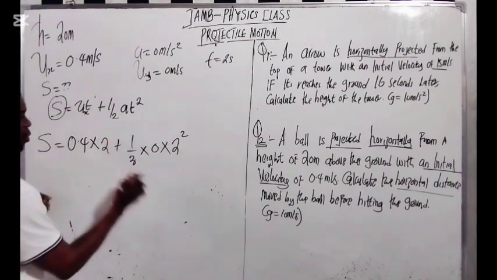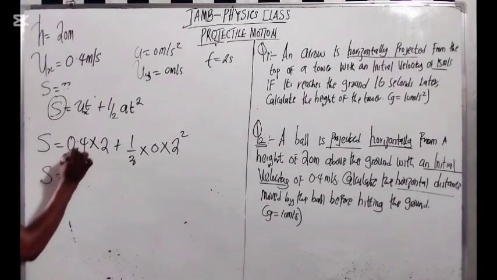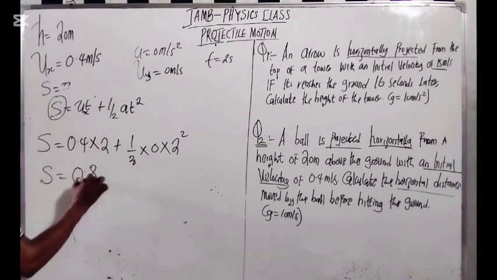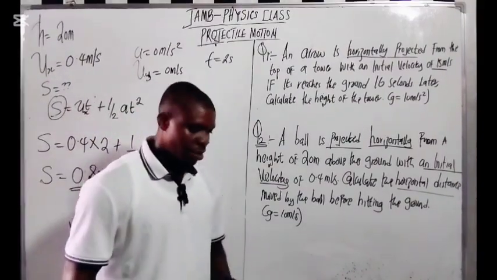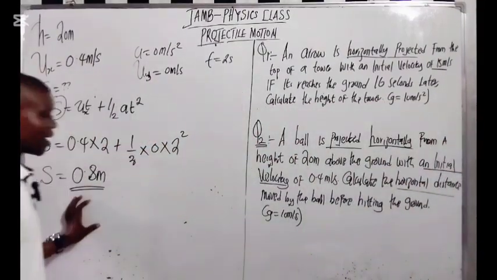Because of this 0, everything here will be 0. So my distance is going to be 0.4 times 2, which is 0.8 meters. That is the answer. Do you understand? That is the answer, as easy as that.